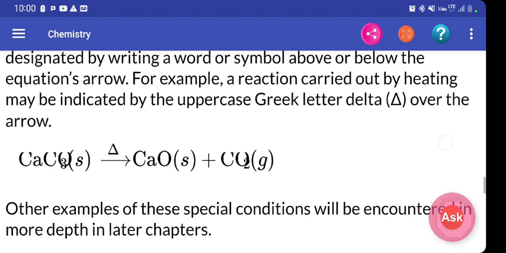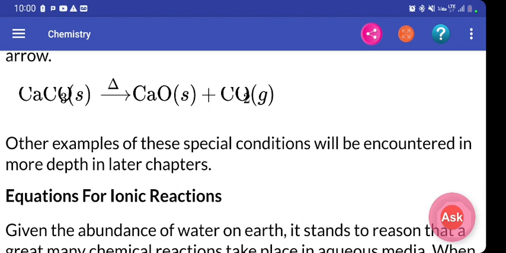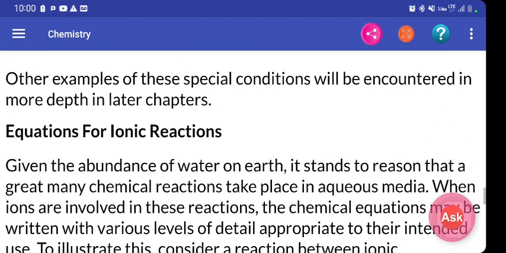CaCO3(s), heating, CaO(s) + CO2(g). Other examples of these special conditions will be encountered in more depth in later chapters.